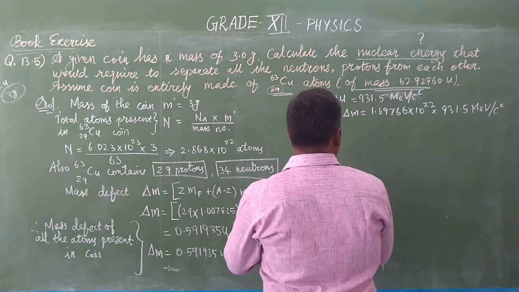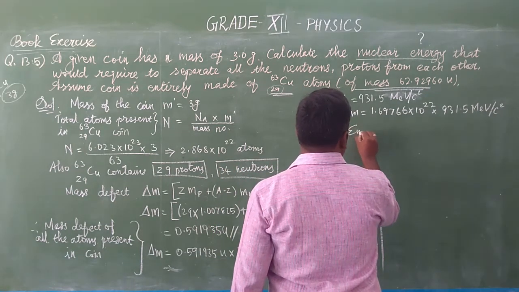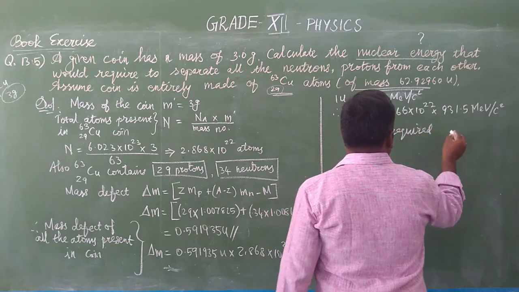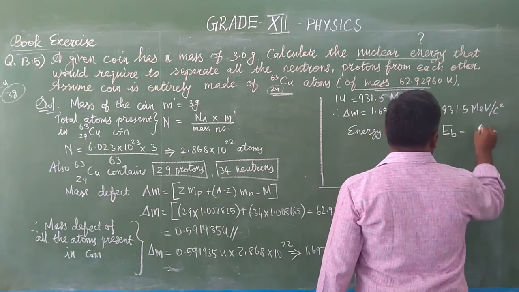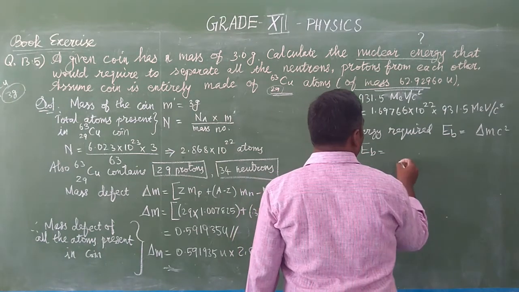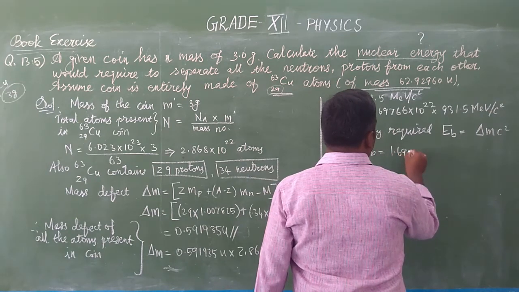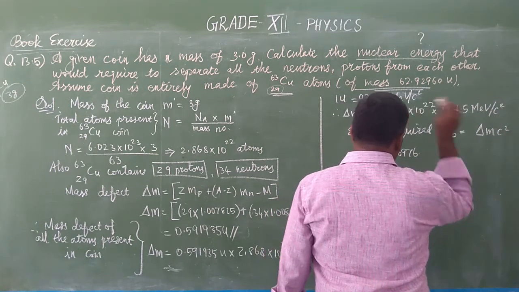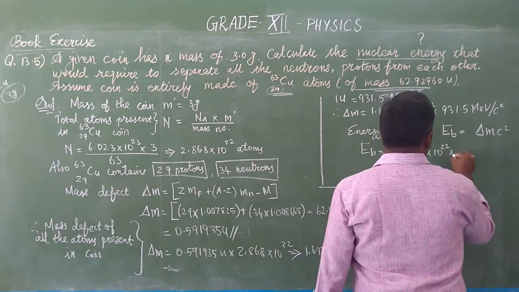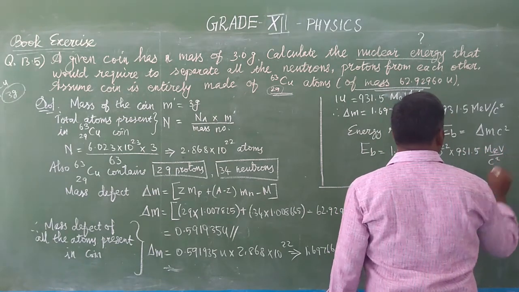So energy required to break the given coin into protons and neutrons, that is energy required, which is equal to delta M c square. So the required energy is equal to delta M, we already found, 1.69766 into 10 to the power 22 into 931.5 mega electron volt by c square, already there.